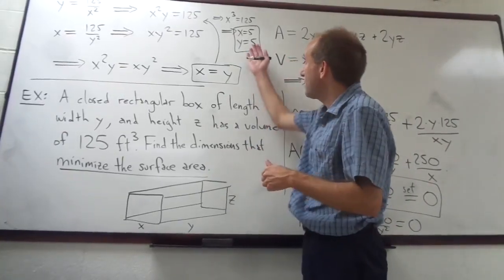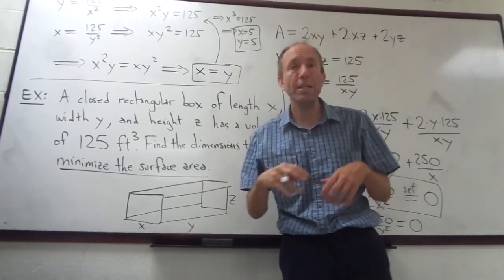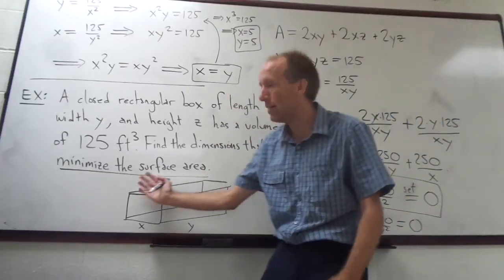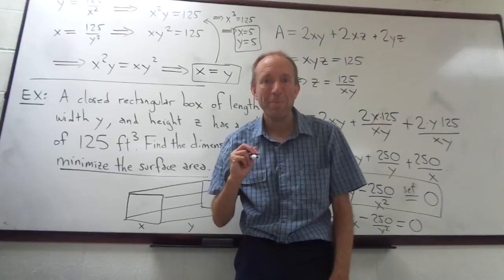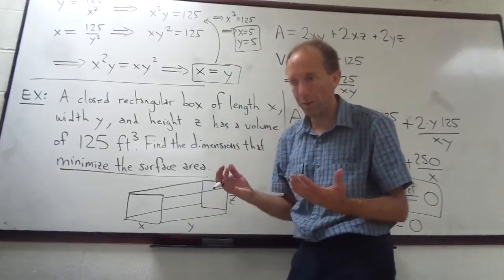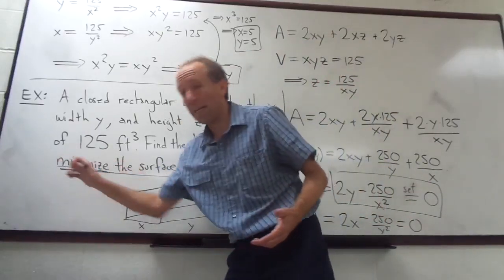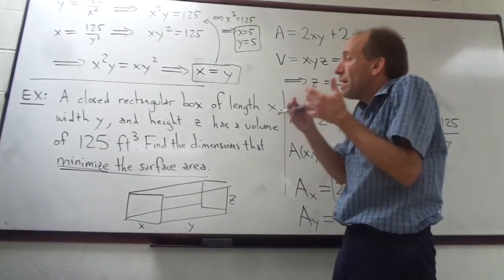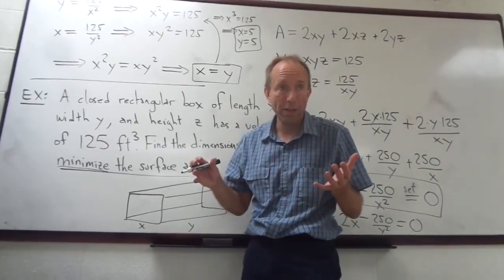We don't need to test this point in the second derivative test because this has to minimize our surface area, right? It's not going to maximize our surface area. For one thing, the question is asking us to minimize the surface area. And furthermore, there really is no maximum surface area that I could make.